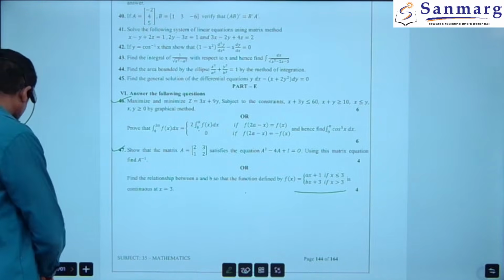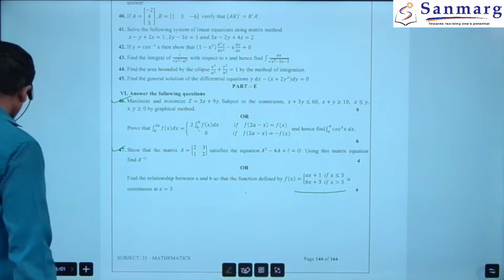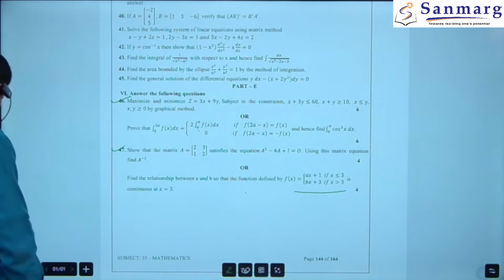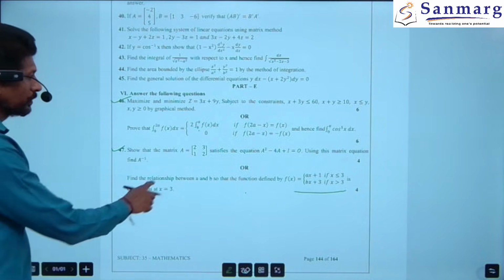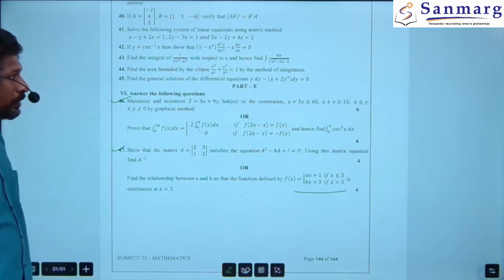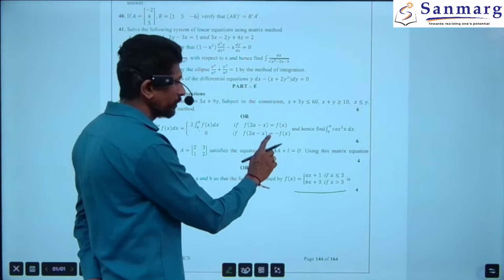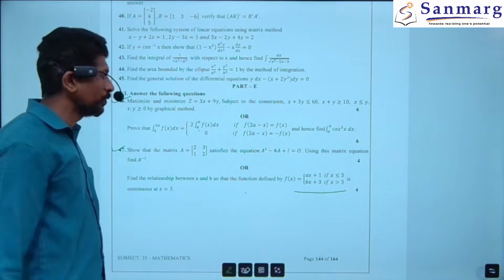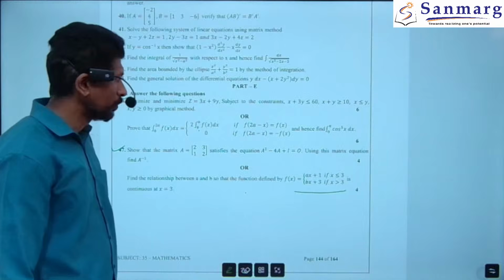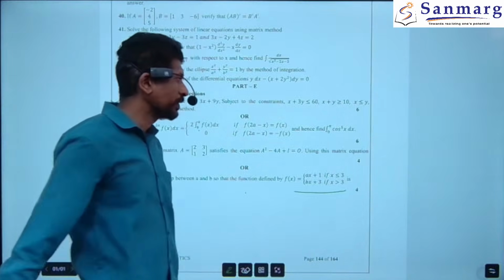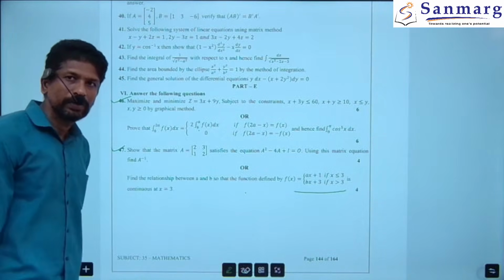So now I will go with the first question. The first question is the matrix 2, 3, 1, 2, and the satisfying equation is given. That one also you have to prove, because that carries the 2 marks. Using this matrix equation itself, you have to find the other one, A inverse.